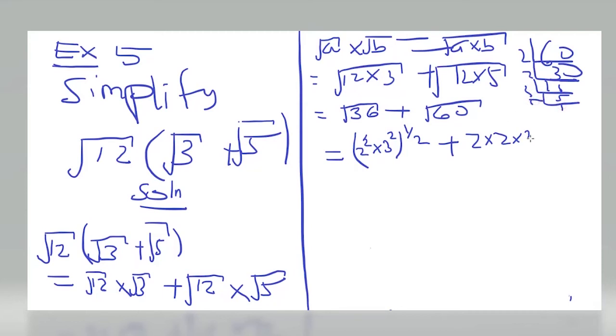So it is 2 squared times 3 power 1 times 5 power 1, all to the power of a half.